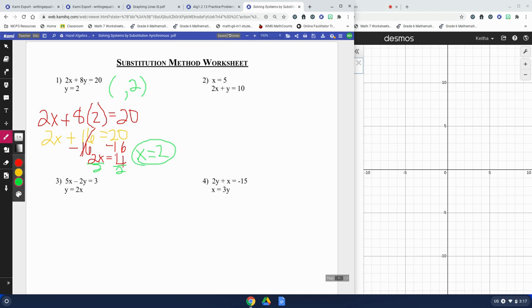What a coincidence. So this means that when you graph these two lines, they should intersect at the point 2, 2. So for this value of y and that value of x, these will be equal. Let's see if that's the case.